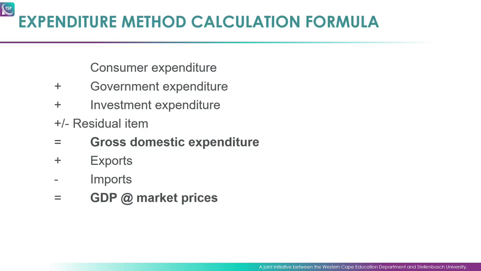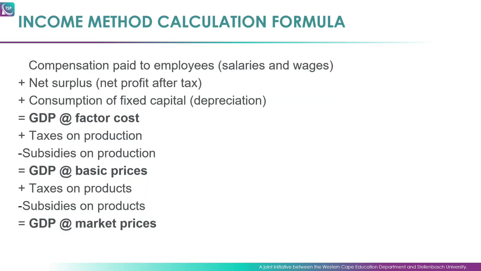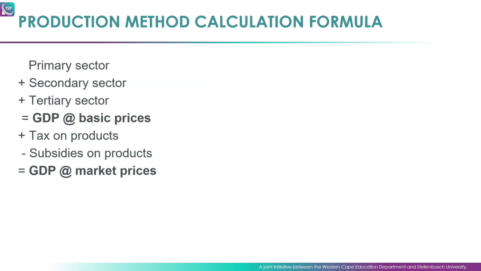Right, when we come to the expenditure method, you would note here that there is no GDP at basic price. If we just step back for one moment, you see with the income method, we had GDP at basic price, GDP at market price. We go to the production method, GDP at basic price, GDP at market price.